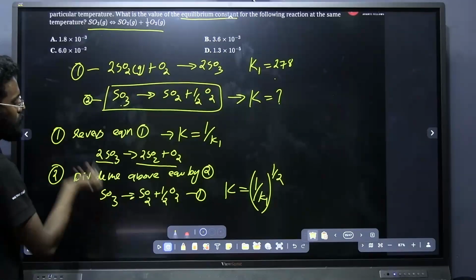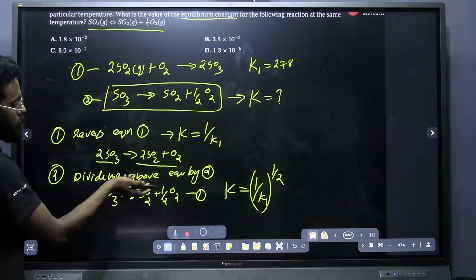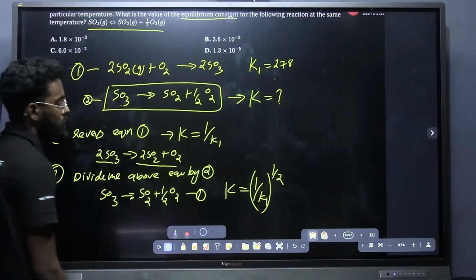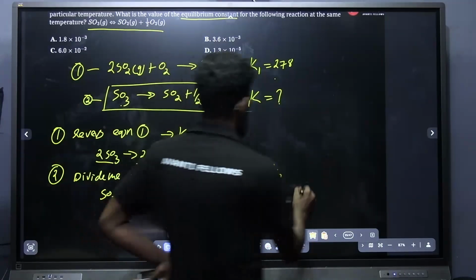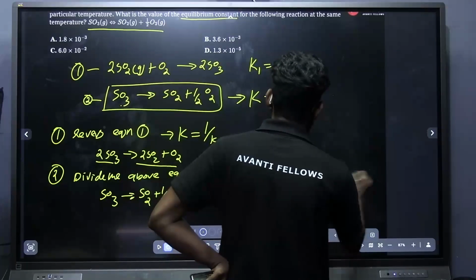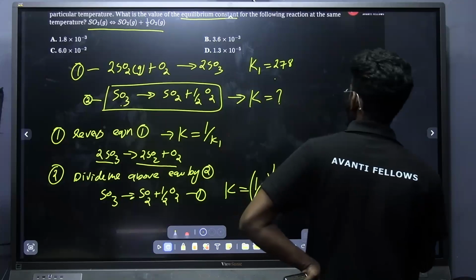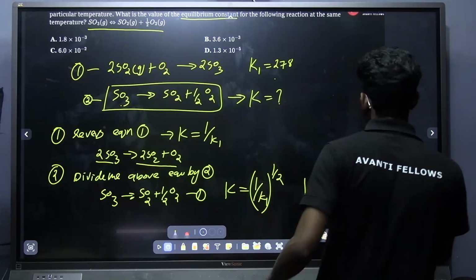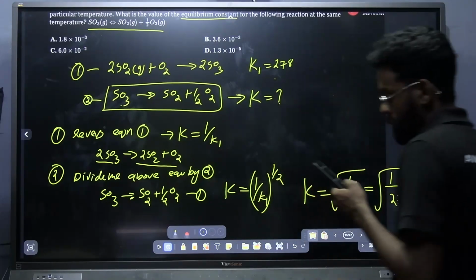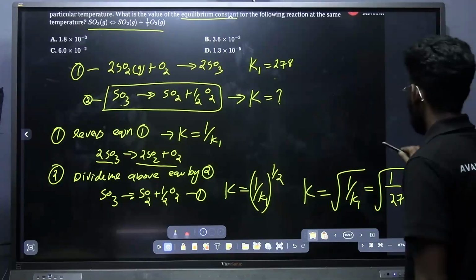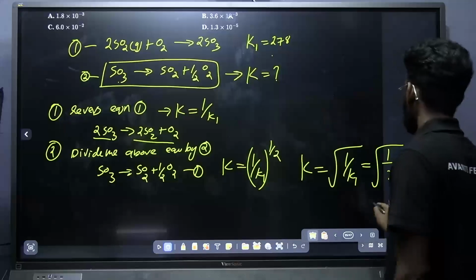Whenever I am multiplying any equilibrium reaction with a number, that number will go to the power. So what is the net equilibrium constant? It will be root of 1 by K1, which is equal to root of 1 by 278. What is the answer? Root of 1 by 278.